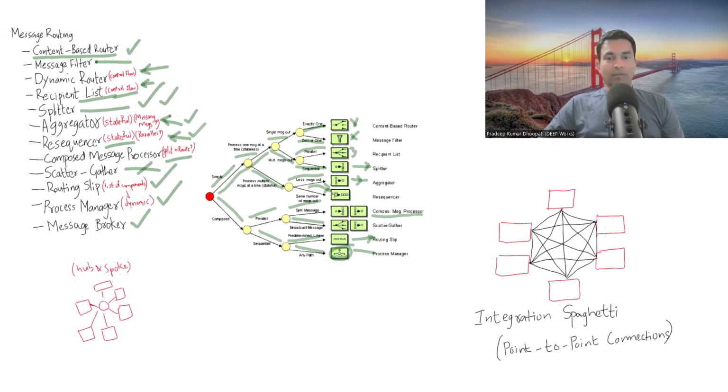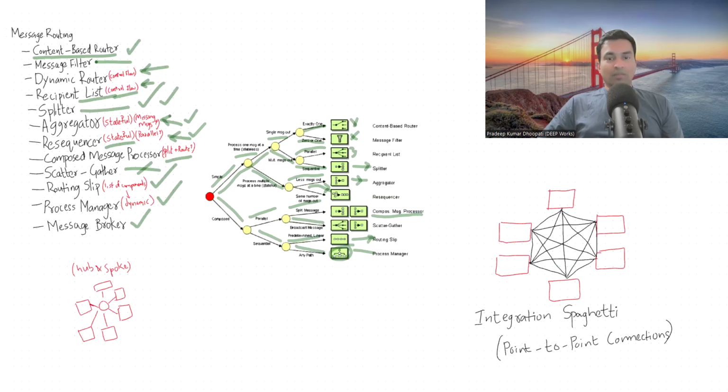Then you have to resequence them using a resequencer, which is again a stateful component. You have to maintain the state to see if you have received all the messages that were processed or not.